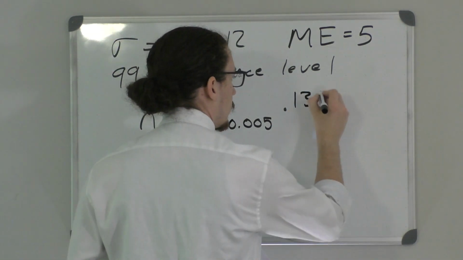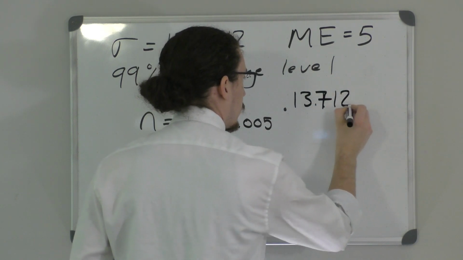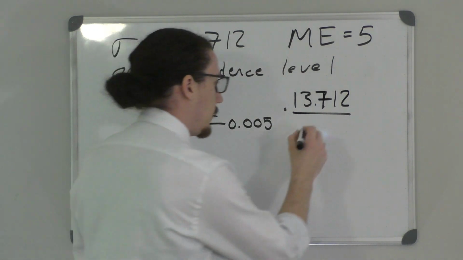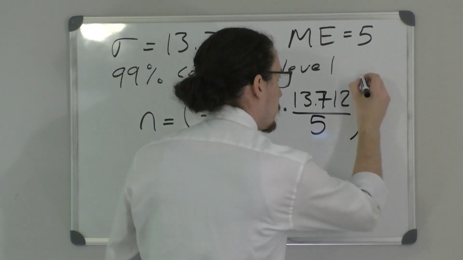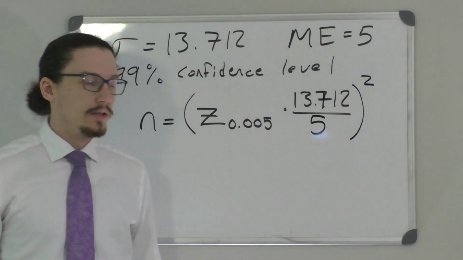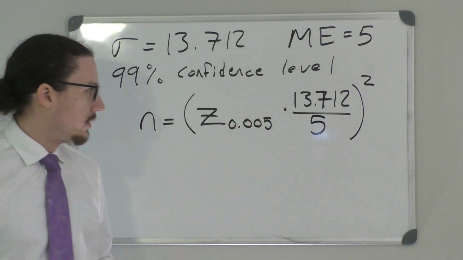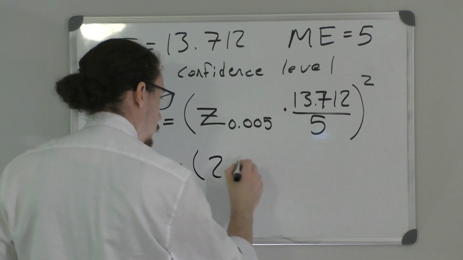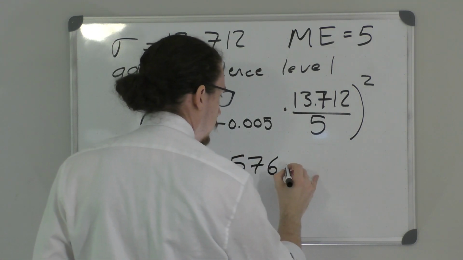Times our standard deviation, which is 13.712, divided by the margin of error, which is 5. And then we're going to square everything inside.